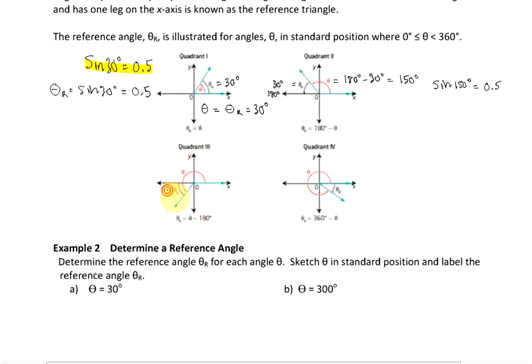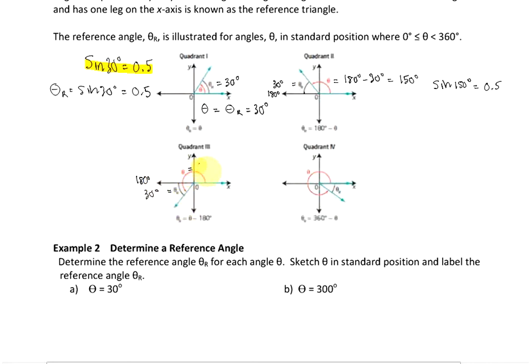Okay, so let's take a look at a third quadrant angle. Here is my reference angle now between the x-axis and the terminal arm. I'm still going to call it 30 degrees. My actual angle in standard position, theta, is going from the positive x-axis all the way into the third quadrant to my terminal arm. And I want to know what that angle measurement is. So I know that up to here it's 180, and I want to add the 30 degrees to it to find out what theta is.